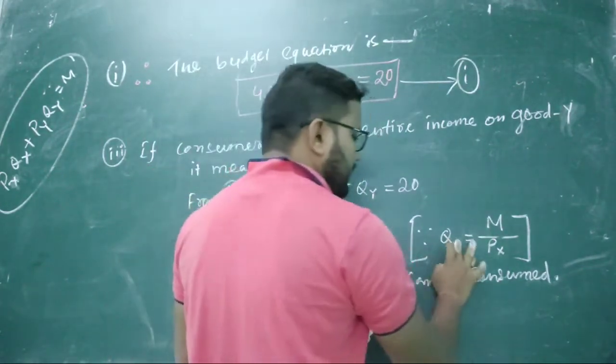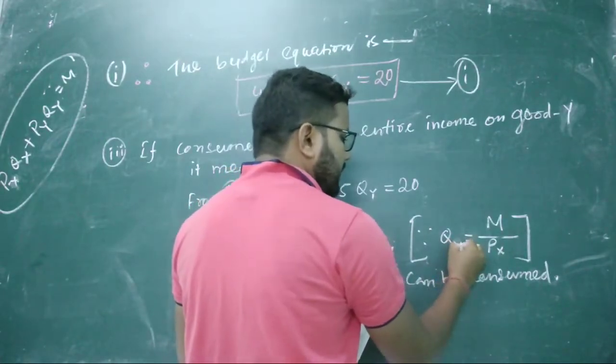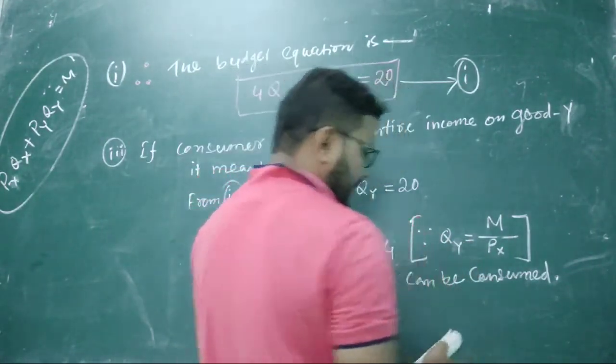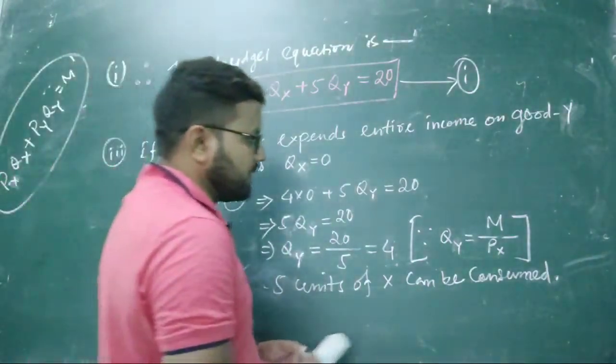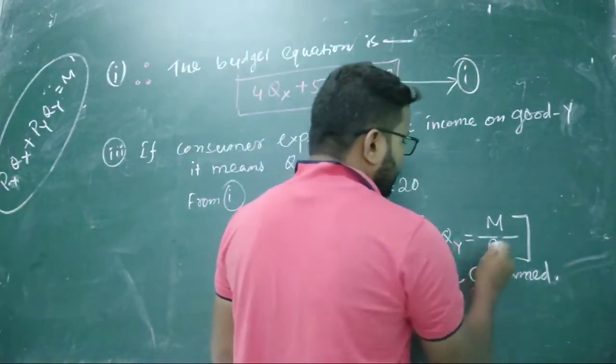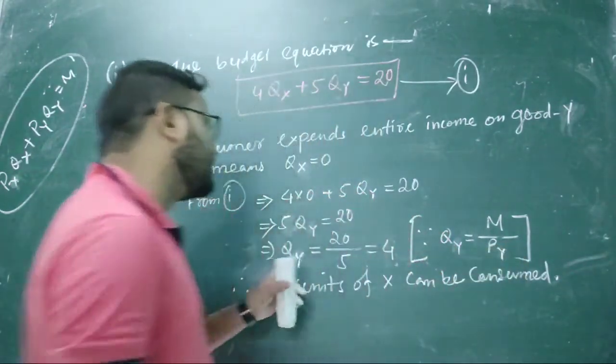That means here you have the same pattern. I am erasing and putting the value of quantity of Y instead of quantity of X. So QY, the amount of QY is 4.